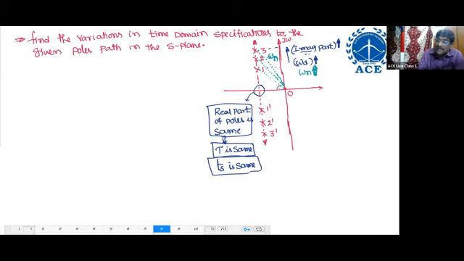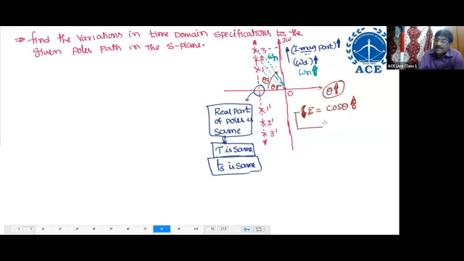This is theta 1, this is theta 3. Theta increases. Then zeta equals cos theta. For example, for theta 90, cos 90 becomes 0. So as theta, the inclination of the pole, increases, the damping ratio zeta decreases.